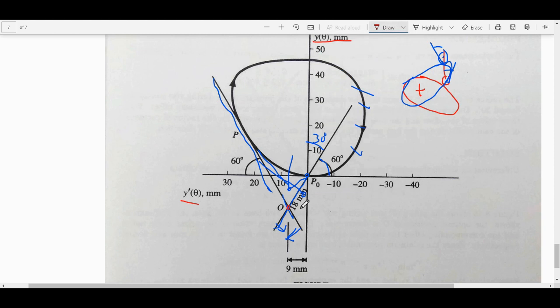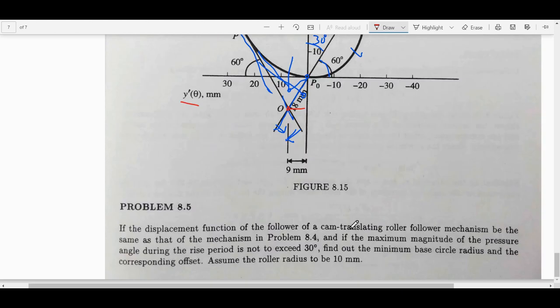And that tells me, in this case for this geometry it was 18, but it tells you what RP is and what the offset is also. Now if the roller radius is given, then you can find the radius of the cam profile.